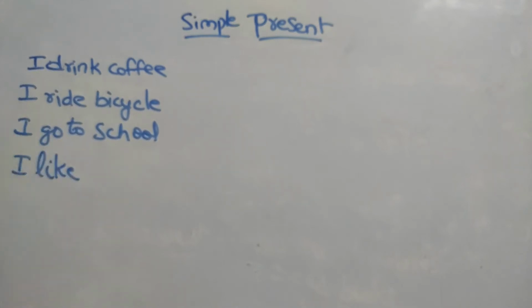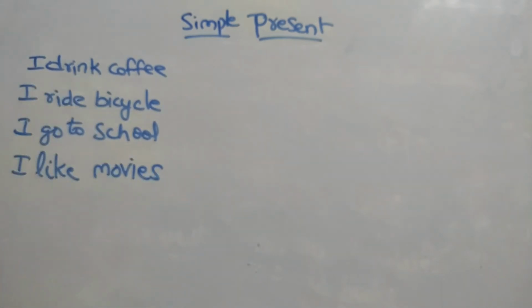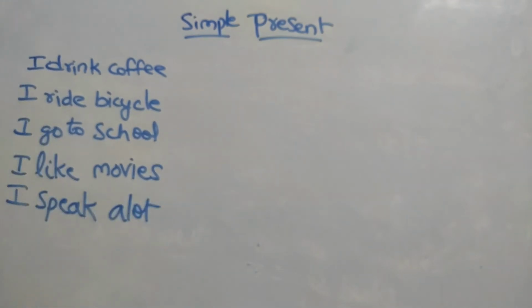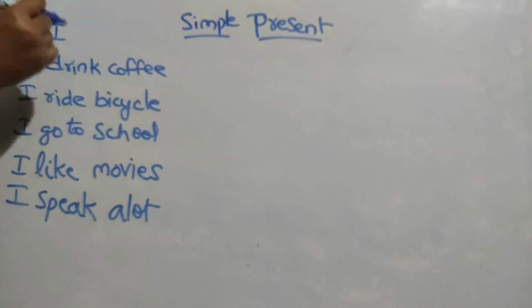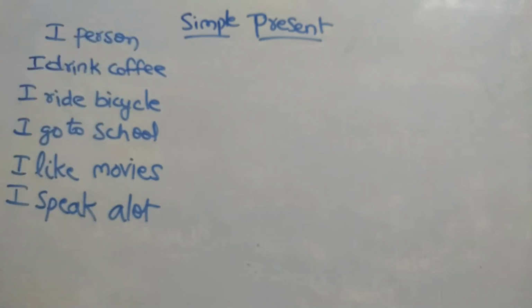I like movies. I speak a lot. It's my habit. I speak a lot. These are five examples for first person singular, which we speak in simple present.